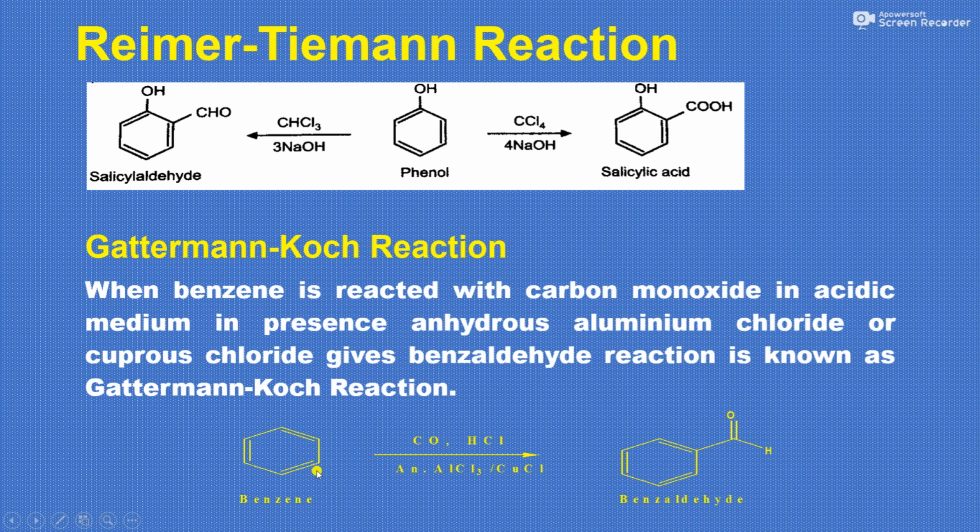So benzene is reacted with carbon monoxide in presence of hydrochloric acid, and the catalyst used is anhydrous AlCl3 or cuprous chloride. We get an insertion of a formyl group in the aromatic ring, that is, formation of benzaldehyde. This reaction is designated as the Gattermann-Koch reaction.